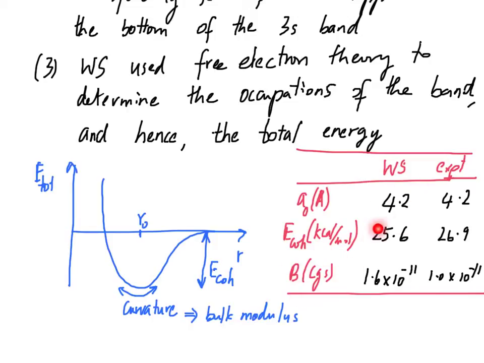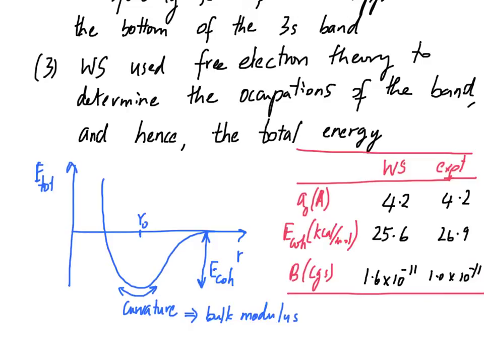So these are the 3 numbers that Wigner and Seitz reported in the early 30s, and here are the corresponding experimental numbers, and you can see that the agreement is quite spectacular, given the approximations that Wigner and Seitz made, but more importantly, given that no fitting parameter was used in this determination.